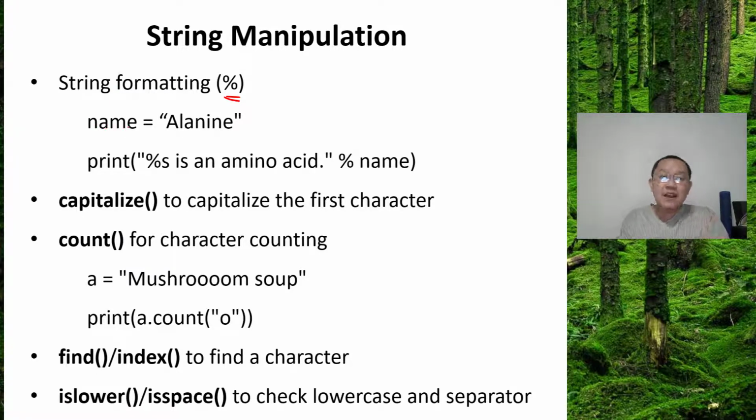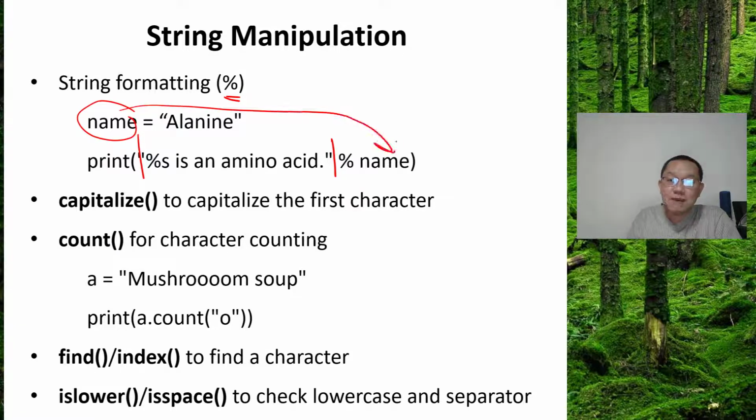In this case, we gave a variable name with a value alanine, and we will print a string. Percentage S is an amino acid with full stop, so this is a string, and we use the percentage sign followed by the name of the variable, which is this one.